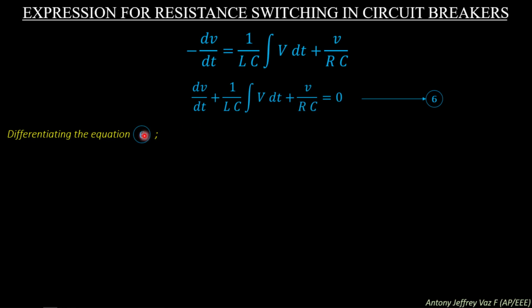Now we are going to differentiate equation 6. While differentiating, we get d square V by dt square plus V divided by LC plus 1 by RC dV by dt, because differentiating an integration gives rise to V, and here V is differentiated so we get dV by dt, and 1 by RC is a constant.